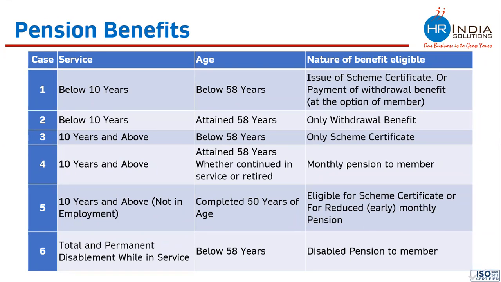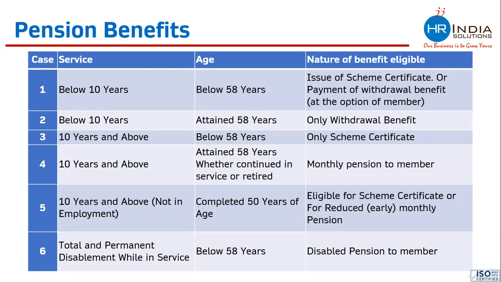Second case is when the service is below 10 years, but the person has attained 58 years. In this case, look, after 58 years, this person would not be eligible to contribute into PF, into the pension fund. After 58 years, no money goes into the pension fund.